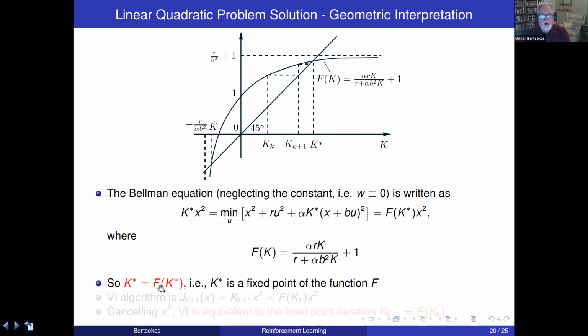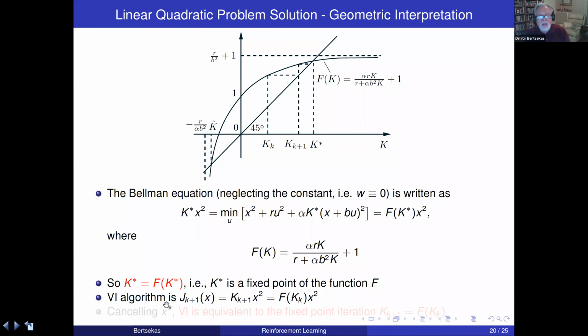So an equivalent form of Bellman's equation is k star equals f of k star, okay? Canceling out the x stars from both sides. In other words, k star, the quadratic coefficient of the optimal cost, is a fixed point of the function f.